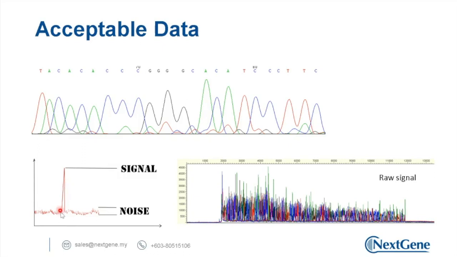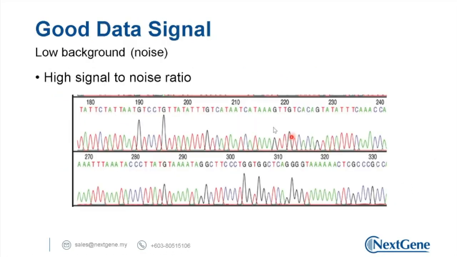sequencing fragment. It has to be high so that we can differentiate it from the noise. For example, here you can see that these are the peaks of the noise. Whenever the signal from the cycle sequencing fragment is very high compared to this noise, we can easily remove all this noise, and it will not be seen in the real data.